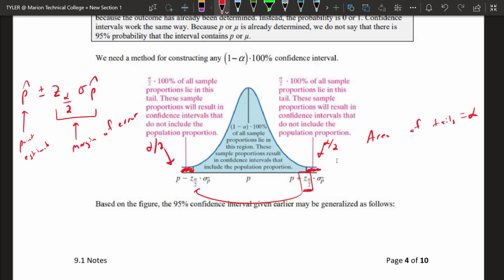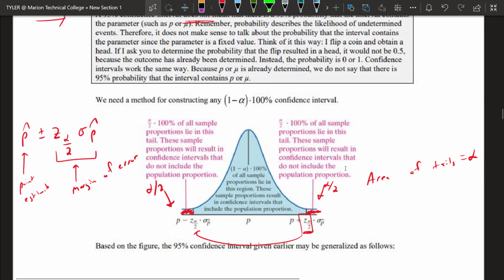But I know what sigma p hat equals. We know from the last section that sigma of p hat is equal to the square root of p times 1 minus p divided by n.